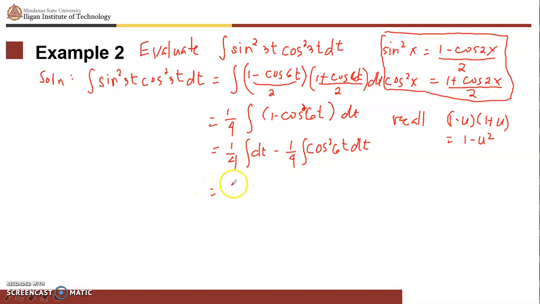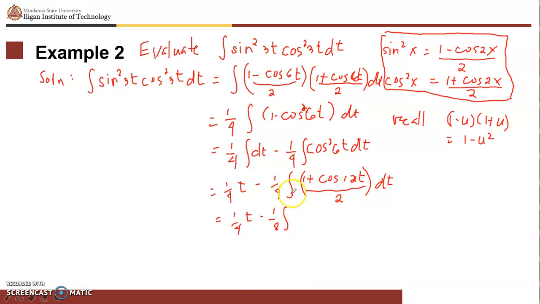So 1/4 integral dt is 1/4 t minus 1/4, the integral of cosine squared of 6t, which can be rewritten as 1 plus cosine of 12t all over 2, dt. That is equal to 1/4 t minus 1/4 times 1/2, so you have 1/8 integral.